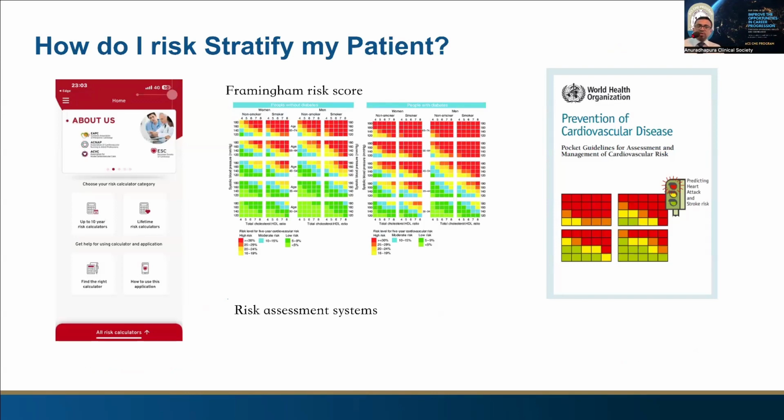So how do you risk stratify your patient? For this purpose, there are risk scores, easy to use, and most of them are actually European-based. So this is the ESC risk stratification score, the second one is Framingham, and the third one is WHO.